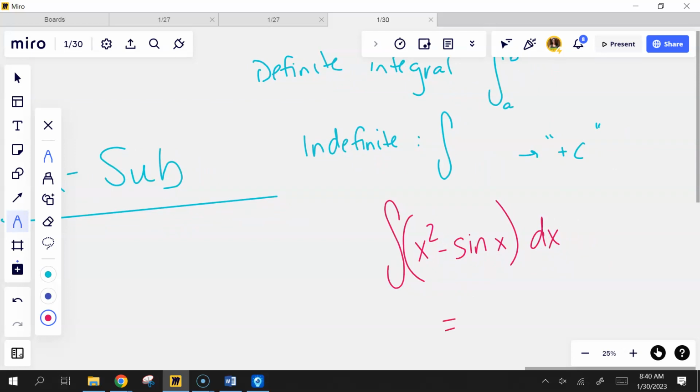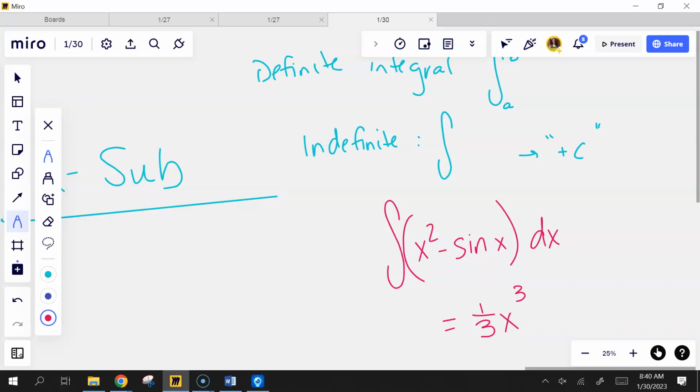Y'all can do this. What's the antiderivative of x squared? 1/3 x cubed, right? Are y'all following me?